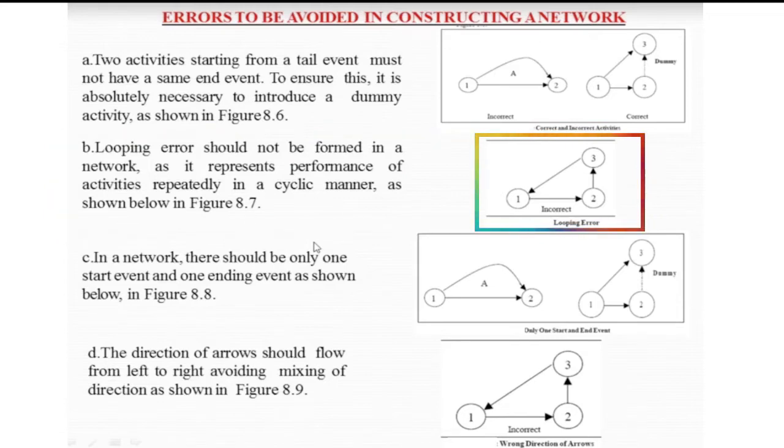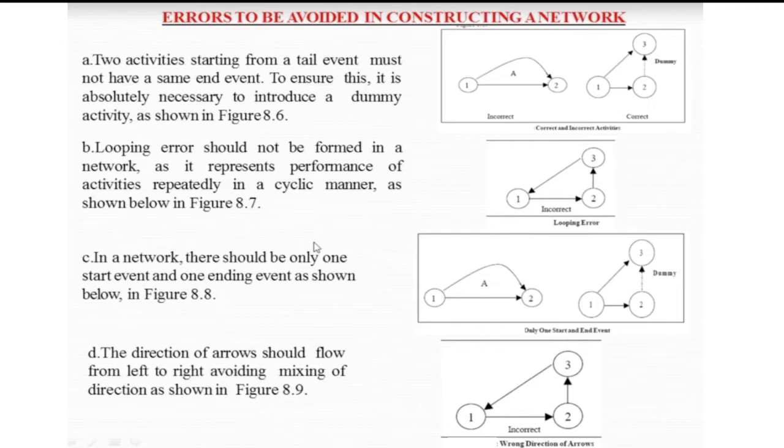In this case, we have here a figure, from event 1 an activity goes to event 2, and then an activity goes to event 3, and then from event 3 an activity ends up at event 1 again. So this is a looping error which should be avoided in our graphical view representation.